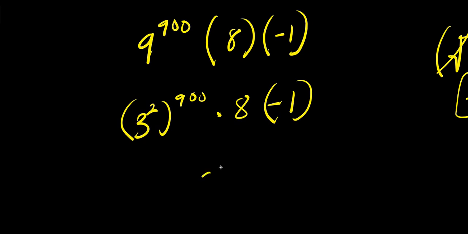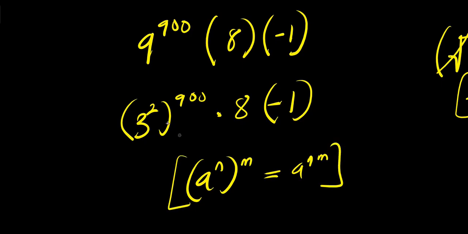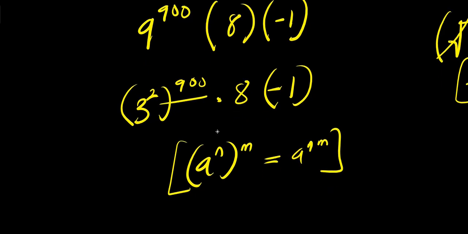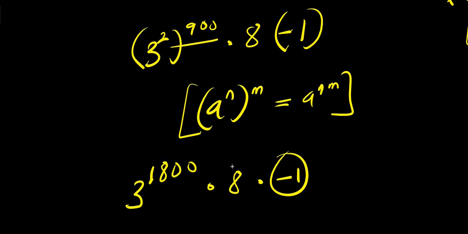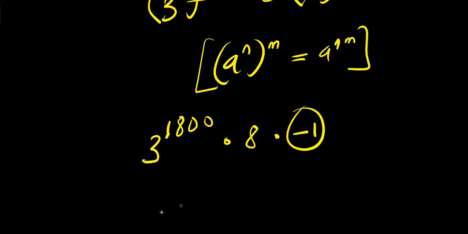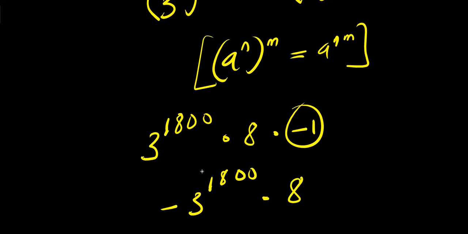And don't forget, if you have (a^m)^n equals a^(m times n), multiply the exponents. I have 3^(2 times 900), that is 3^1800 times 8 times negative 1. So if you multiply this, we are going to have negative 3^1800 times 8.